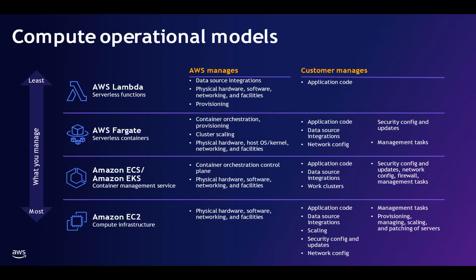And if we talk about AWS Lambda, then AWS manages almost everything, and you will just be monitoring the application code. So these are the different features of those operational models, and you can choose based on your need which operational model you want to go for.